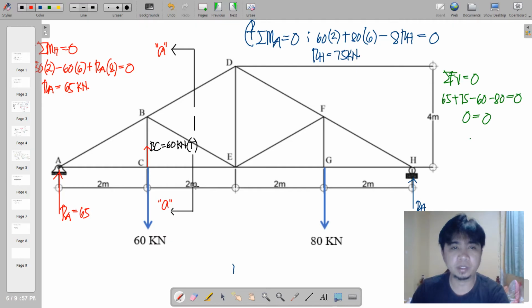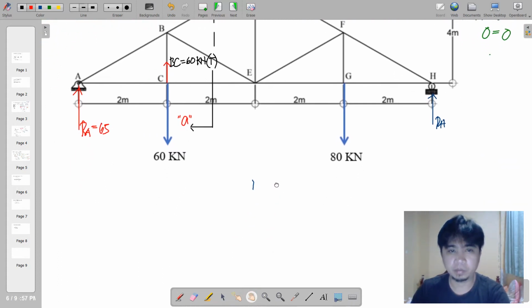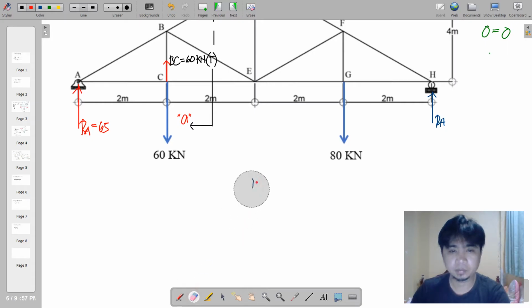Then we are going to isolate the cut section of the leftmost portion, section AA. We may place it here. At section AA, we're just going to copy the truss.